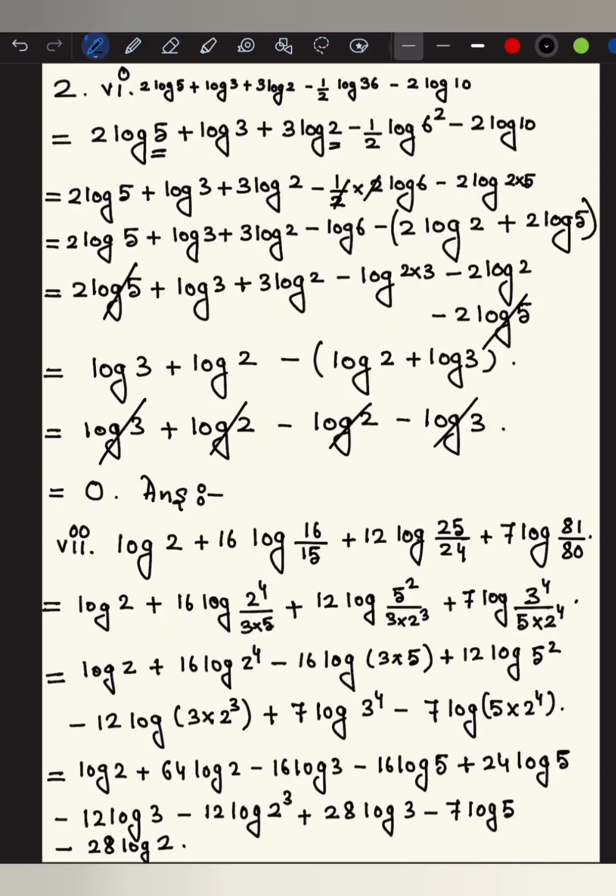plus 12 log, this 25 can be written as 5 square, and this 24 can be written as, just a second, 24 can be written as 3 into 8, and this 8 means 2 cube, so 24 is equal to 3 into 2 cube, that is what I have written here.